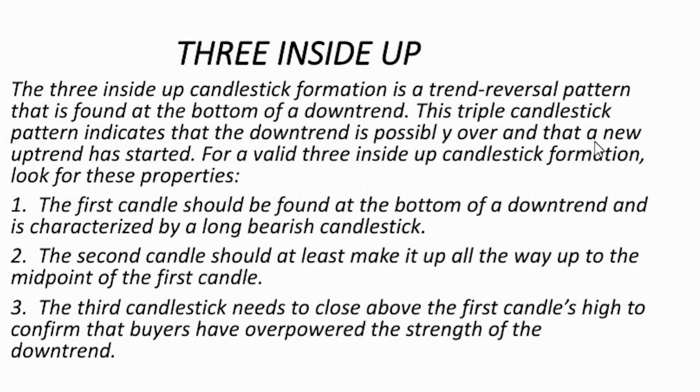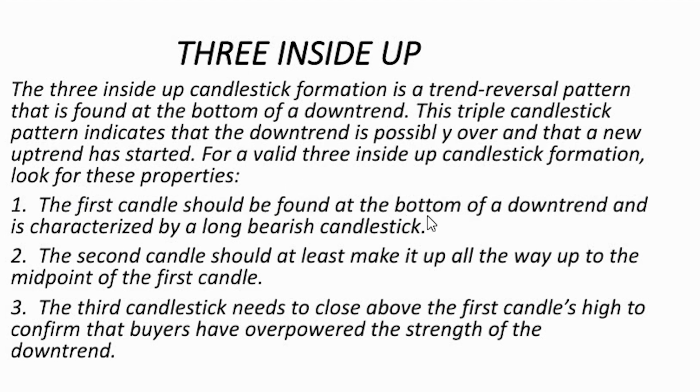So the three inside up candlestick formation is a trend reversal pattern that is found at the bottom of a downtrend. This triple candlestick pattern indicates that the downtrend is possibly over and that a new uptrend has started. For a valid three inside up candlestick formation, look for these properties.